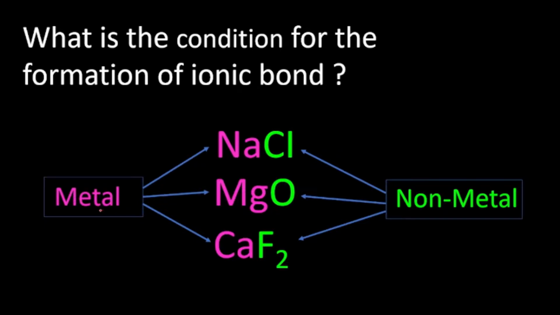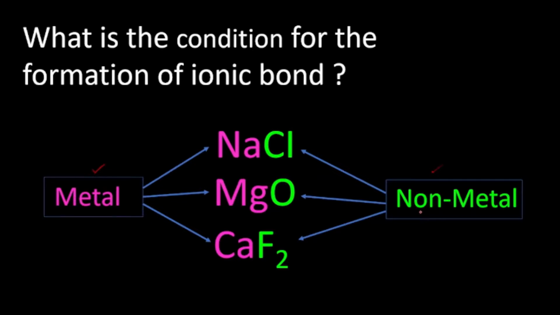Metals are electropositive elements which are ready to remove electrons, and non-metals are electronegative elements which are ready to accept electrons. So in order to form ionic bond, one element should be an electropositive element, that is metal, and the other element should be an electronegative element or a non-metal.